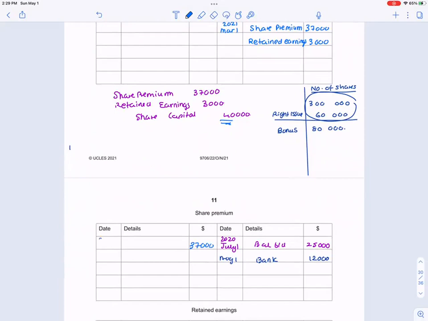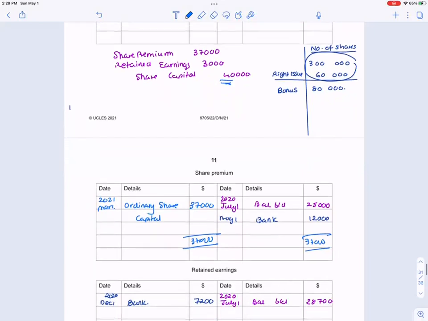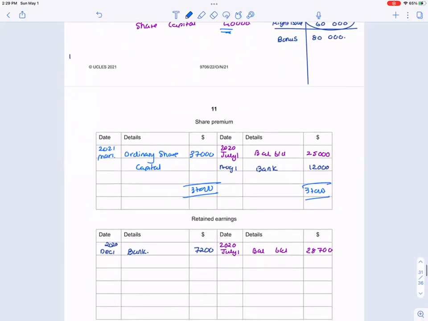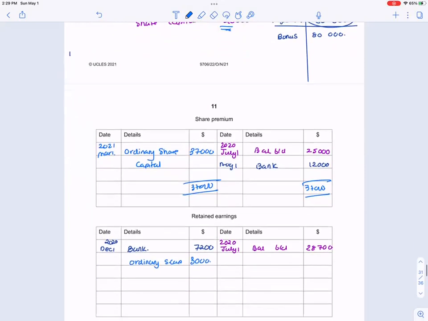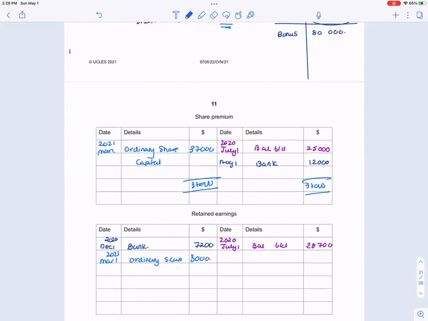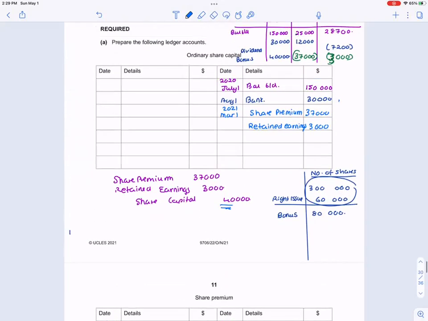So 37,000. You will write ordinary share capital. Closed. Retained earnings is debit. So on the debit side, what will you write? Ordinary share capital. What date was it? March 1. This is it with the bonus.